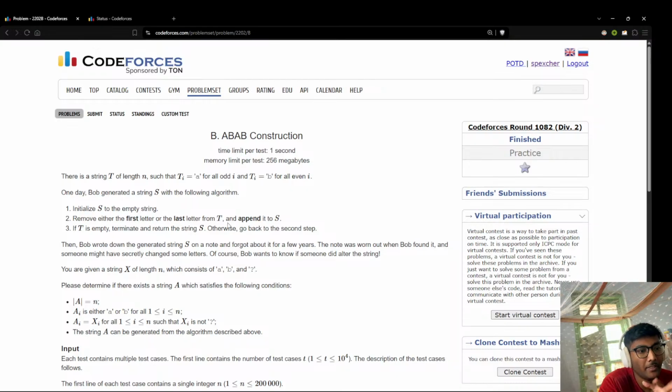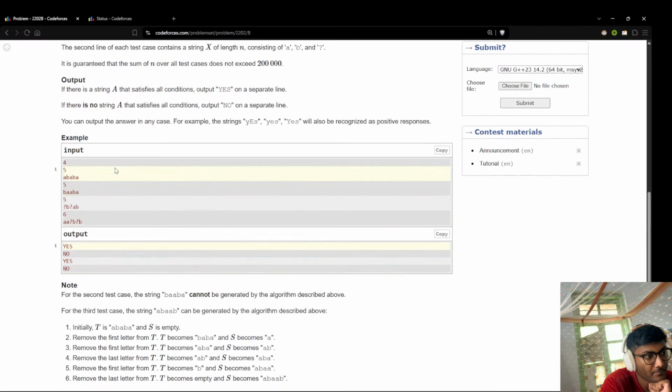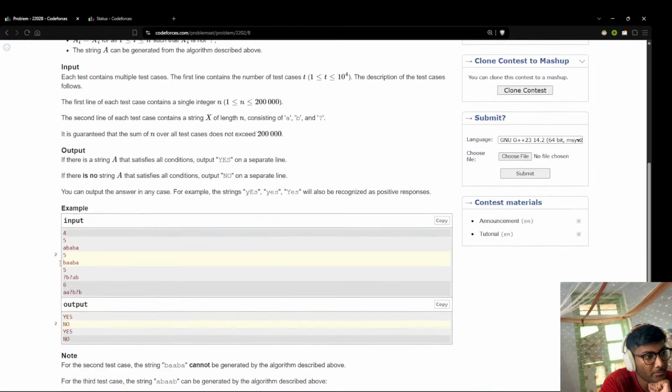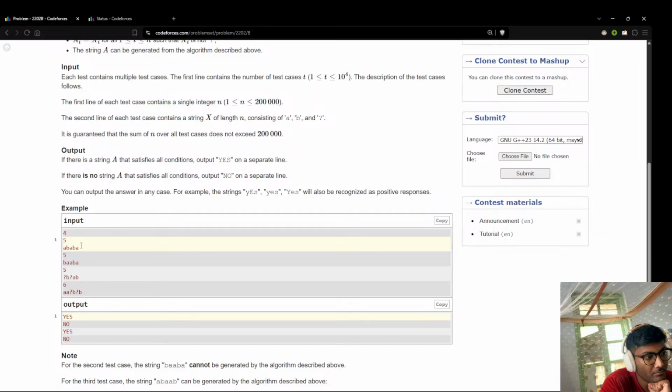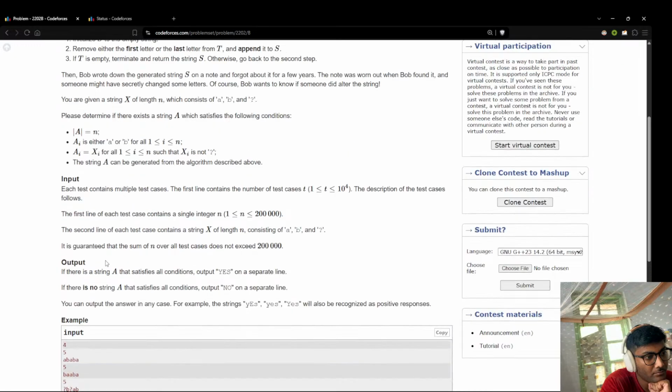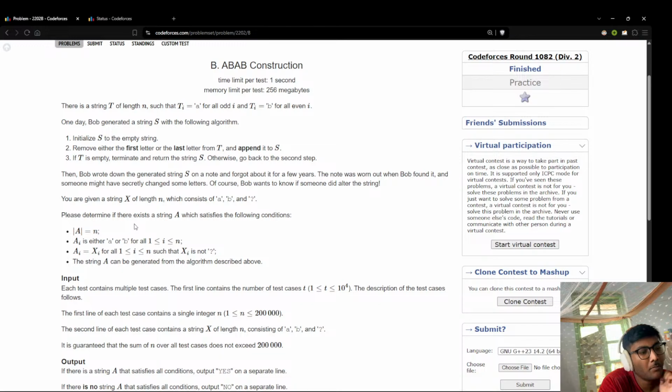So basically A, B, A, B, A, B. So one day Bob initialized S to an empty string, removed either the first letter or the last letter from T and appended it to S. Okay, so I have A, B, A, B stuff.